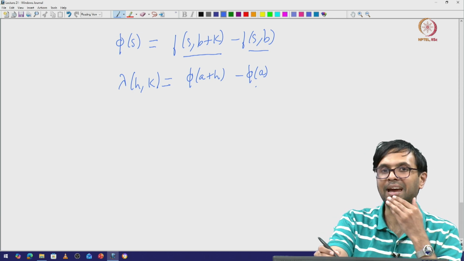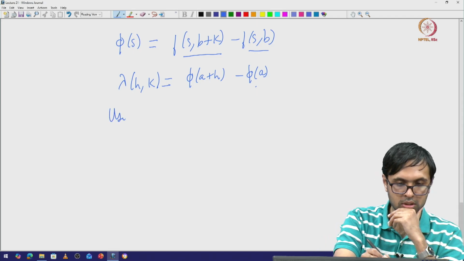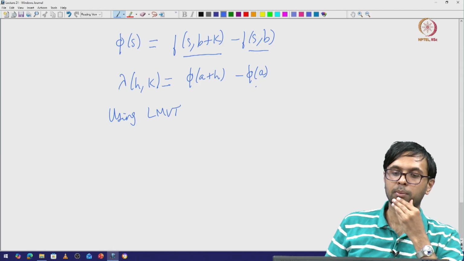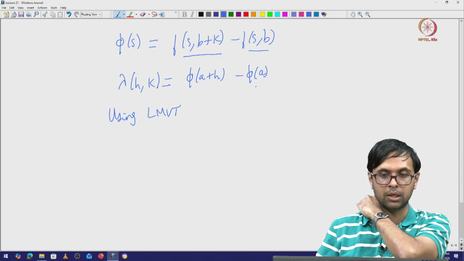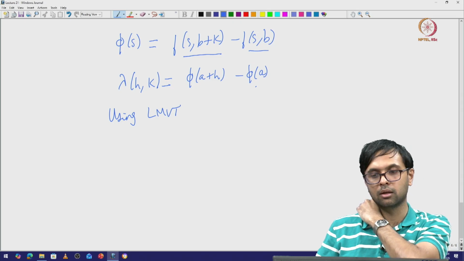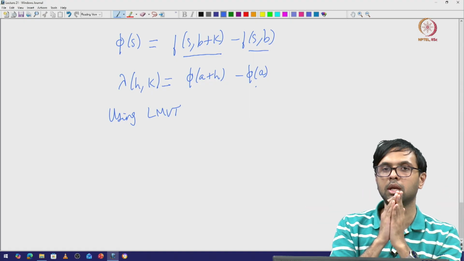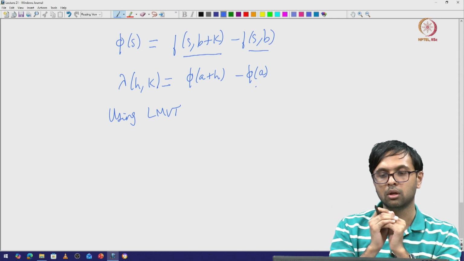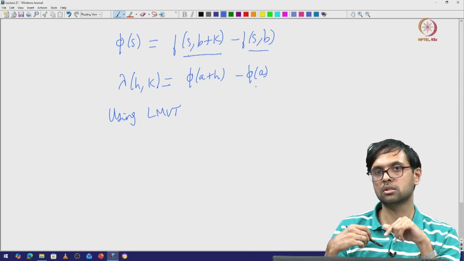Now you see where we are heading to, right? So using Lagrange's mean value theorem. Why is Lagrange's mean value theorem applicable in this scenario? The point is, f is differentiable with respect to s, right? So what would Lagrange's mean value theorem need? It would need the one variable function to be continuous on a closed interval, differentiable on the open interval, and so on. It's indeed continuous. I mean, f is C2, hence it's continuous.